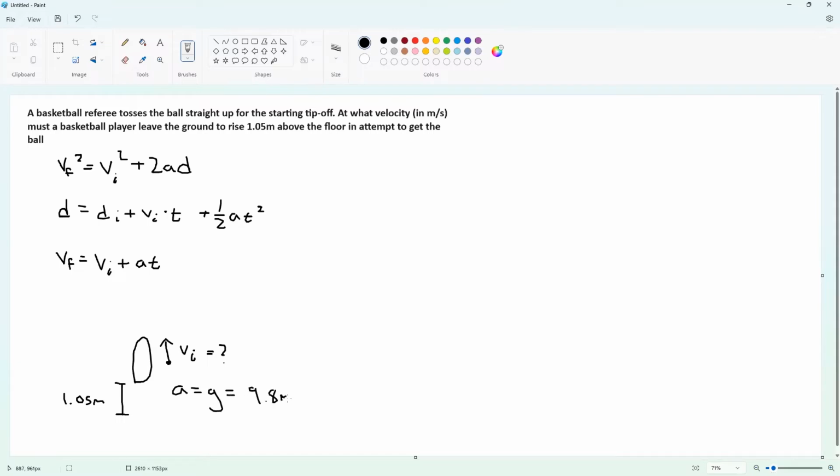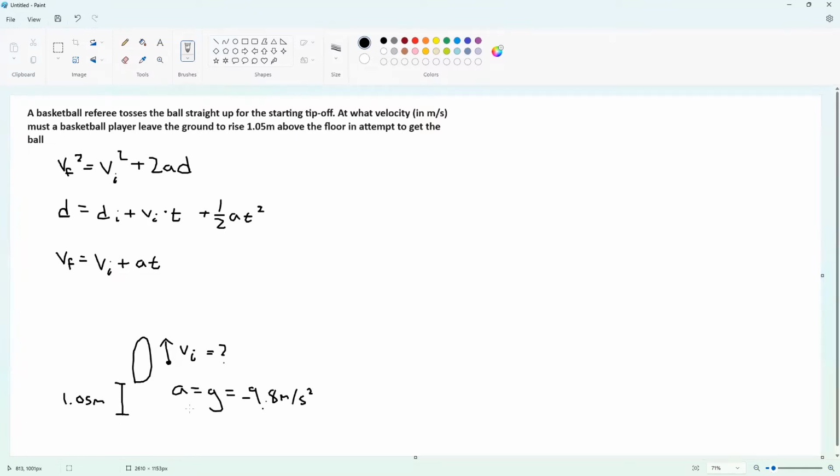You might have gotten it right, but I just wanted to tell you got it wrong. So we have the acceleration, which is gravity, which we'll denote as negative 9.8 meters per second squared. Whether it's negative or positive in these equations depends on the context. If it makes sense in the equation for it to be negative, then it should be negative. But most of the time it is negative.